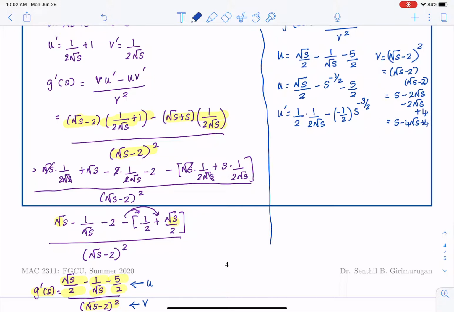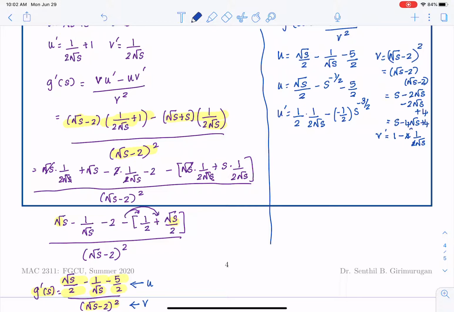Now, we just rewrote v. We have to find v prime. So v prime, the derivative of s, is 1. Derivative of square root of s is 1 over 2 square root of s. And the derivative of 4 is simply 0.